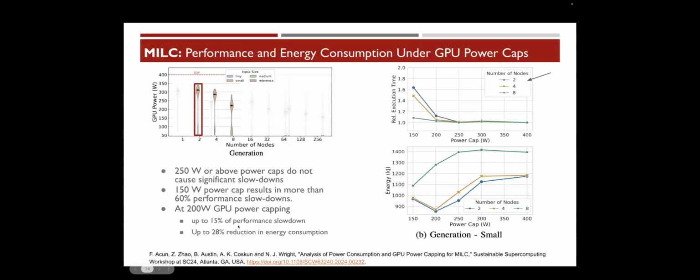We did a similar analysis for MILC, the second top application. I will quickly go through the main result here. At the 200 watt GPU power capping, we see a 28% reduction in energy consumption with 15% performance slowdown.